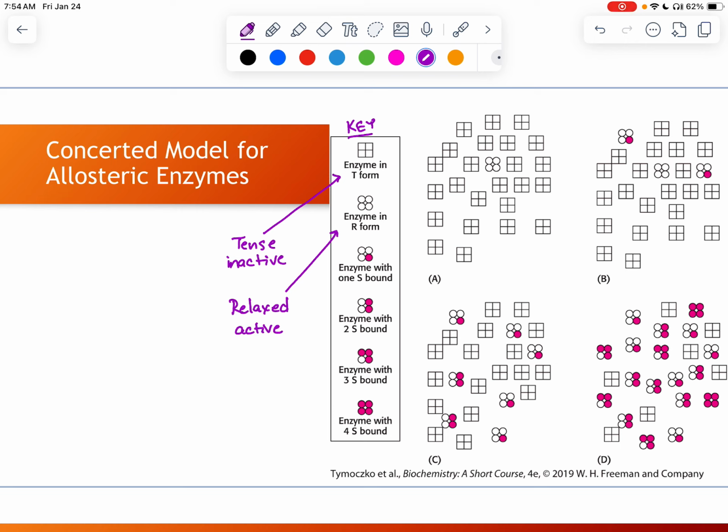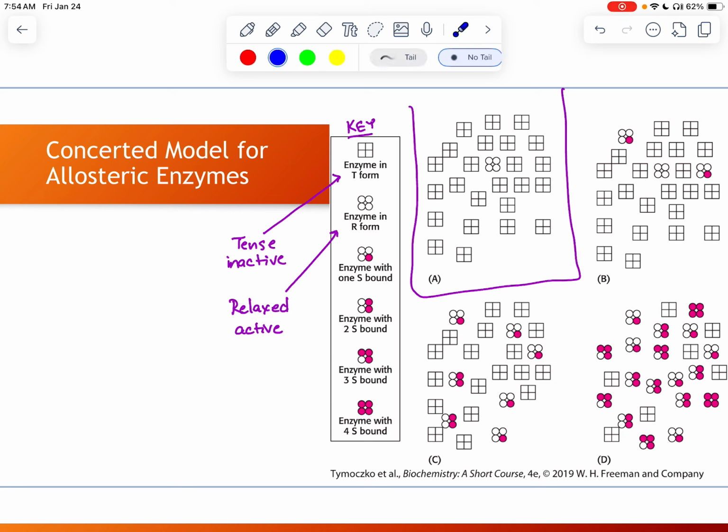We've shown the T form with the squares and the R form with the circles. If we look over here at box A, picture our sample in a big beaker, right? Here's our sample, and wow, there's a whole lot more of that T form. So we're going to have some equilibrium between the T form and the R form.